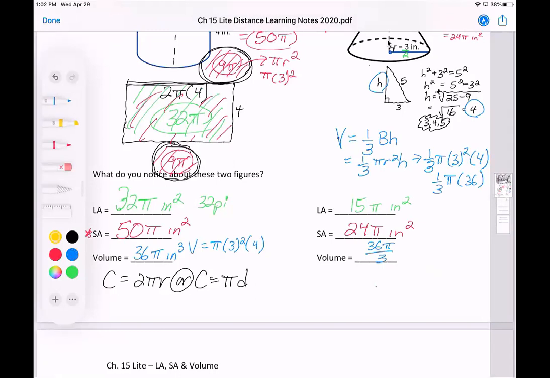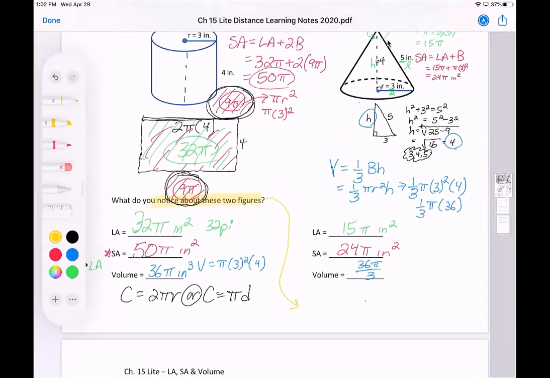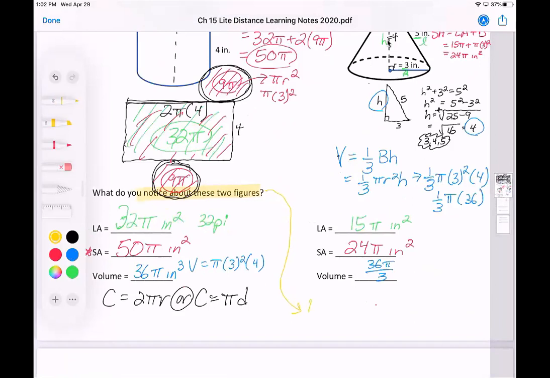Because right here, we're asked, what do you notice about these two figures? Well, what I notice is that they actually have the same dimensions. The radius equals 3 in both, and the height equals 4 in both.